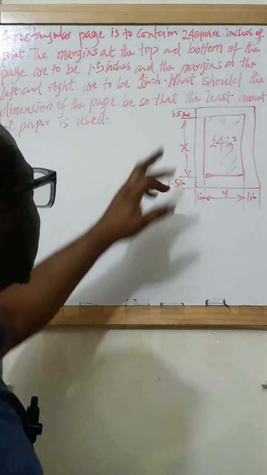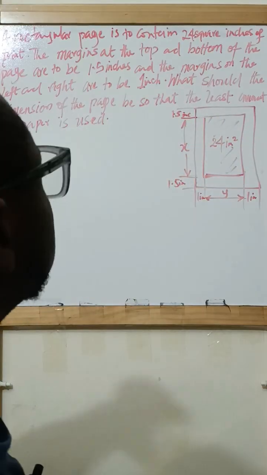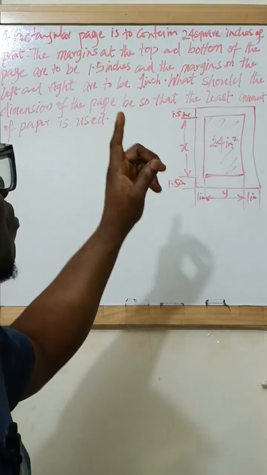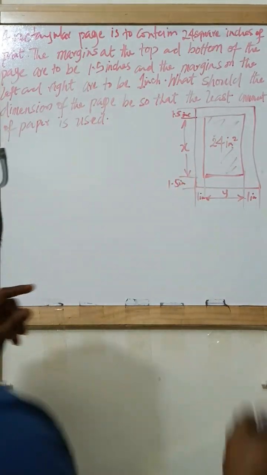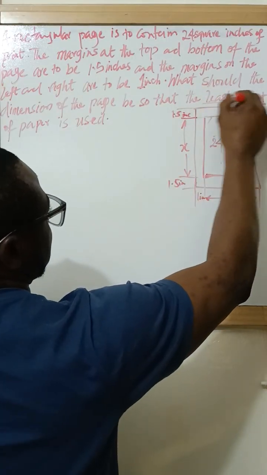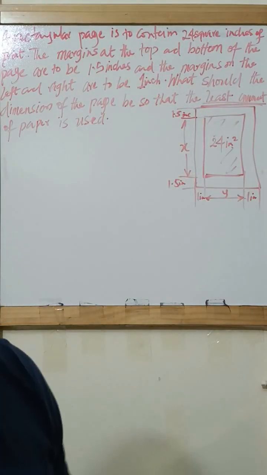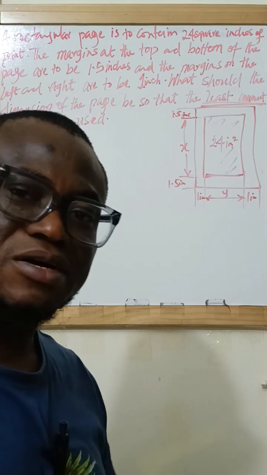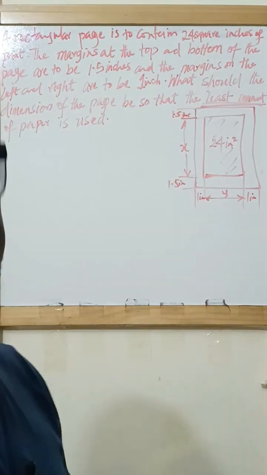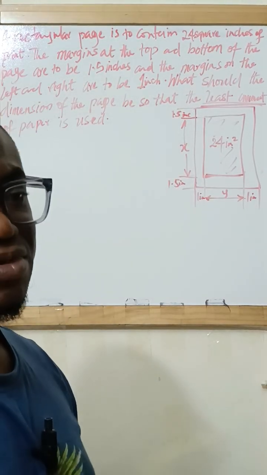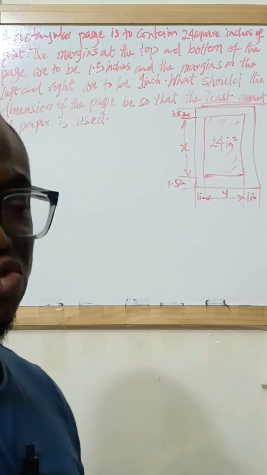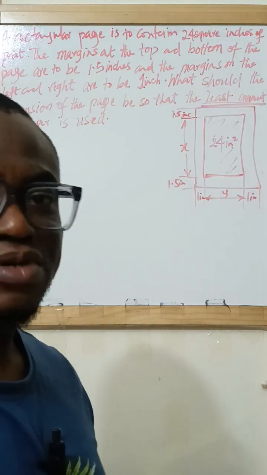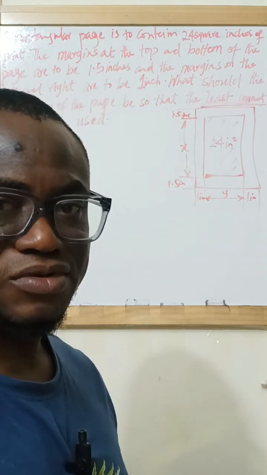Now the question asks what the dimension of the page should be so that the least amount of paper is used. Whenever we hear things like the least amount, the most, the maximum, the minimum, the optimum, we know we are dealing with maximum and minimum points.